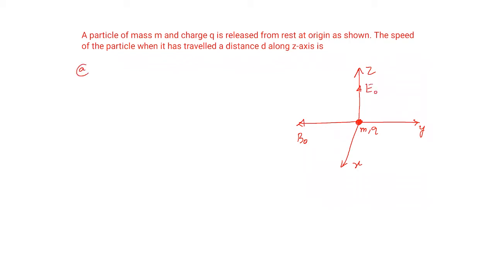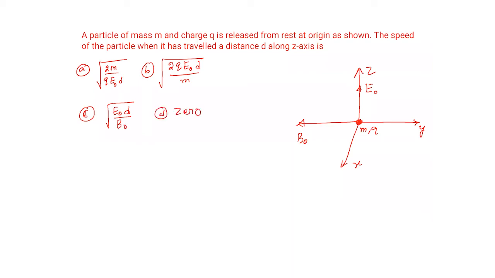Now these are the options: 2m divided by q E naught d, 2q E naught d by m, root over E naught d divided by v naught. So a particle of mass m and charge q is released from rest at origin as shown in the figure. The speed of the particle when it has traveled a distance d along z-axis. They're asking for the speed.